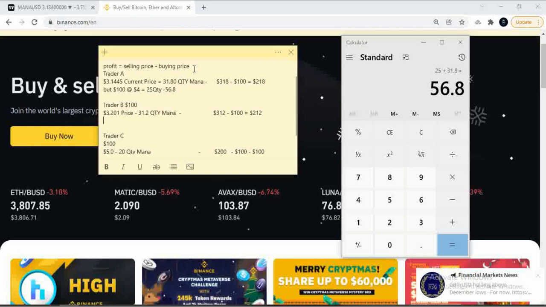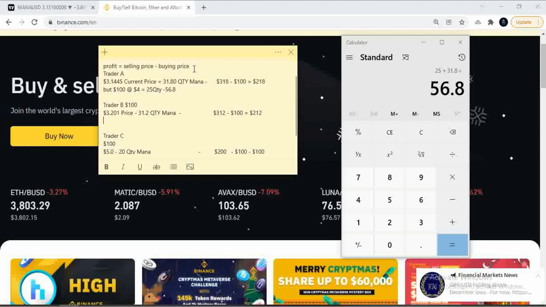Profit is made from selling price minus buying price. Even when a coin or an asset is falling in value, the quantity which you bought remains the same. That is the real advantage of spot trading. You bought a quantity, the price changes, you sell, and the difference is your profit or your loss.